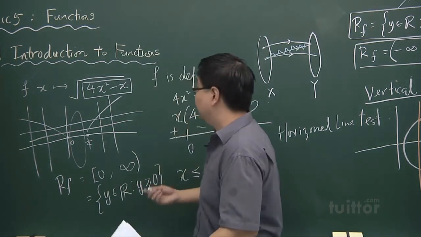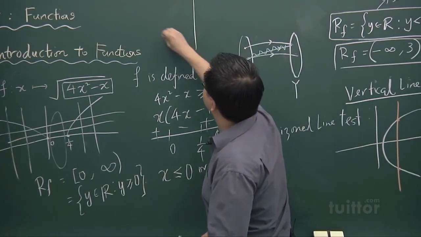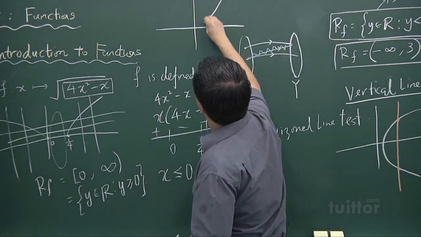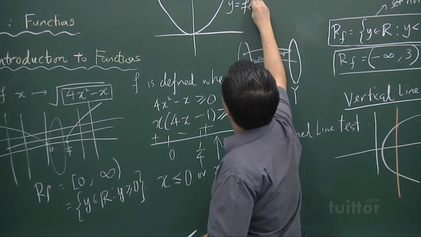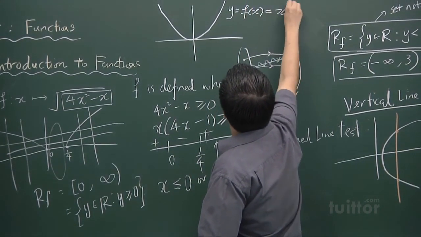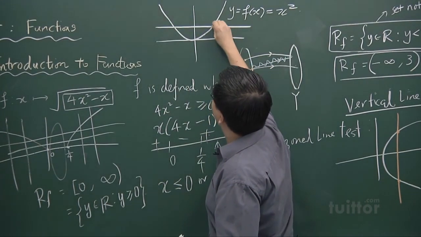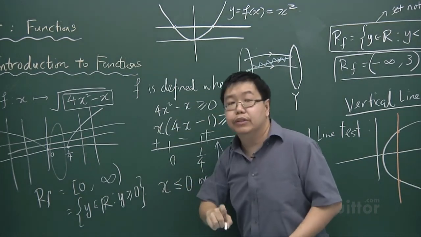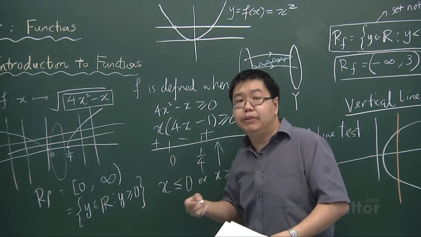You can create a lot of examples here. You can create an example looking like this. This is the famous y equals x squared graph. You can see that the horizontal line cuts at two y values, so it is not a one-to-one function. Then what are some examples of a one-to-one function?